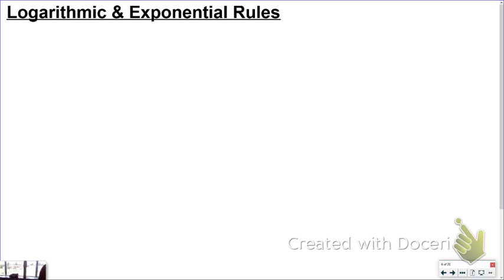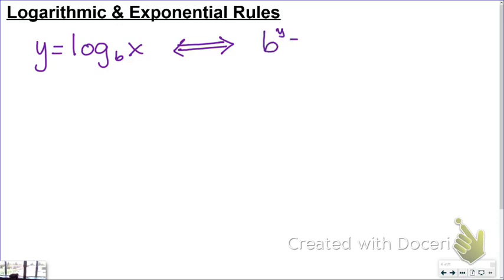So first of all, the relationship between a log function and an exponential function is, if y equals the log base b of x, that can be written as b to the y equals x.